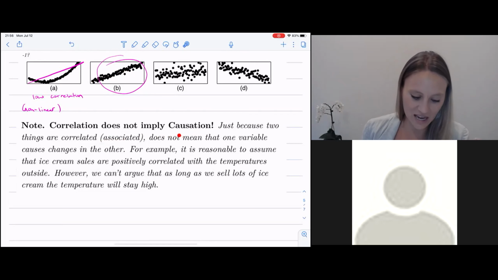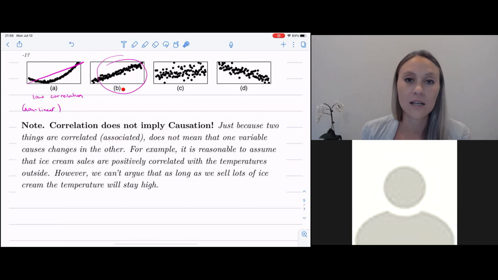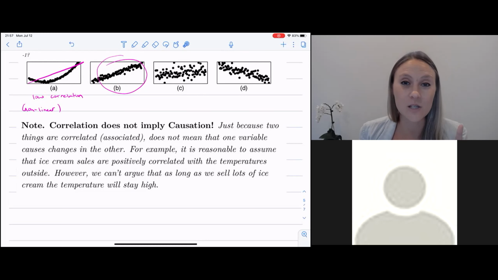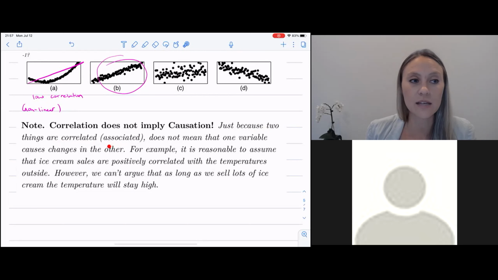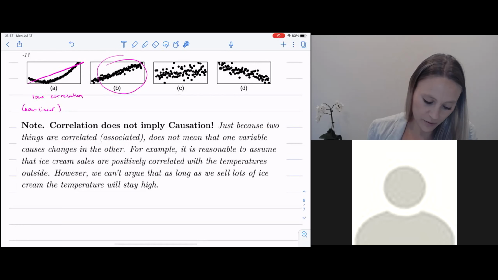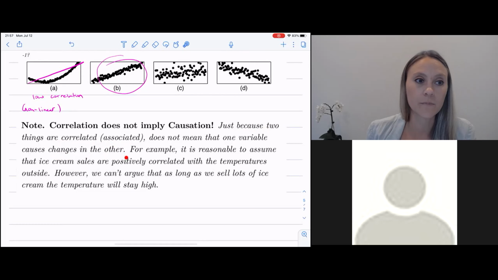And so you can't say that a change in the explanatory variable causes a change in the response variable unless you've done a very strict experiment, right? And which you probably haven't. So just because two things are correlated, you can say that they're associated, right? Or there is a relationship, does not mean that one variable causes changes in the other.